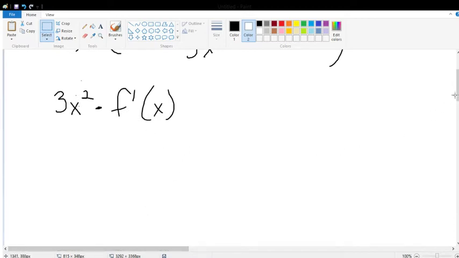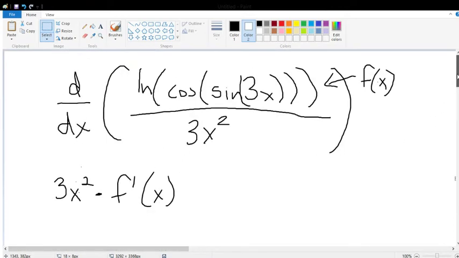So yeah, this is all just to find the derivative of the top function. Now we're back to using the quotient rule. We haven't even finished this yet, but the hard part's gone. We had to find f prime because the quotient rule tells us to write the bottom function, which is 3x squared, times the derivative of the top function. The top function being this thing.